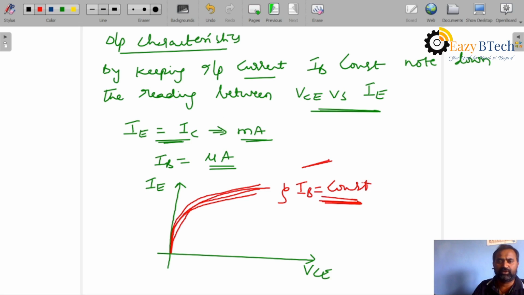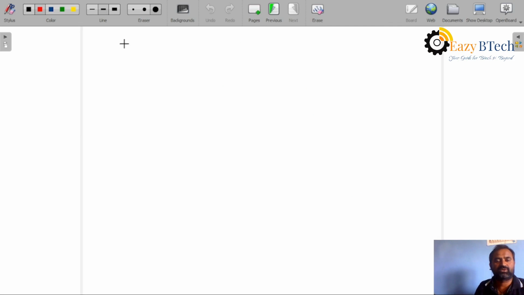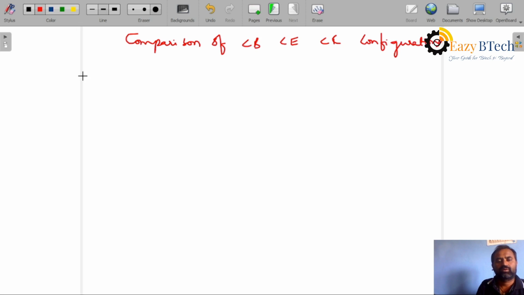Now, this is very important for you from an exam point of view. Please students follow this instruction. Comparison of common base, common emitter and common collector configurations. Okay. Now, let's see the parameters. This is common base, common emitter, common collector.